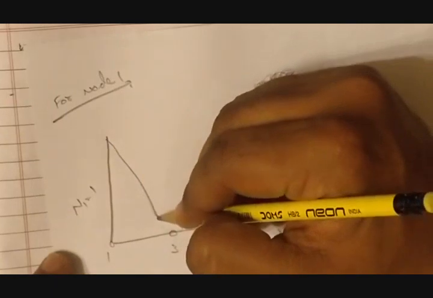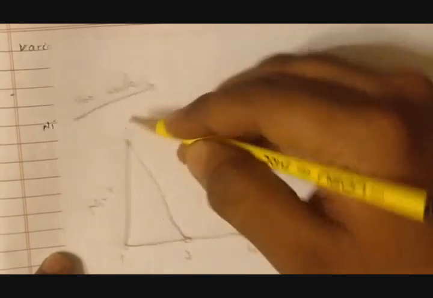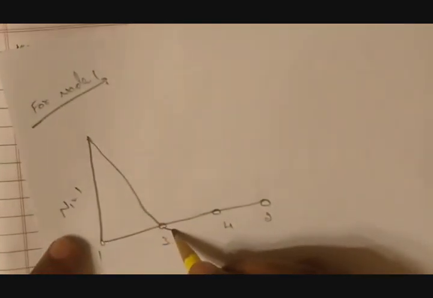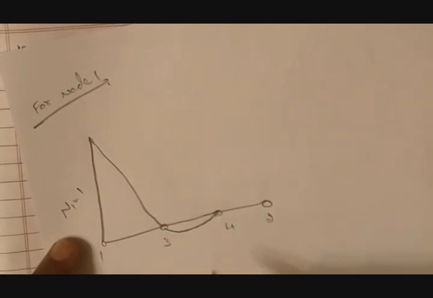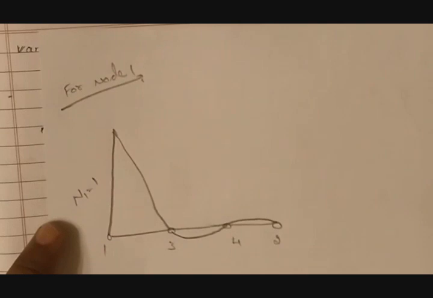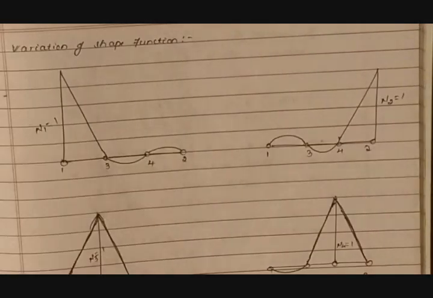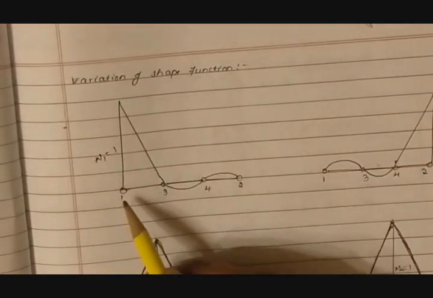So just draw a smooth curve through 0 at all the other nodes. It is 0 here, continue that curve, 0 here, and continue that curve. Understood?